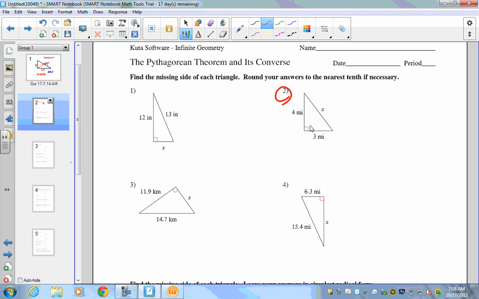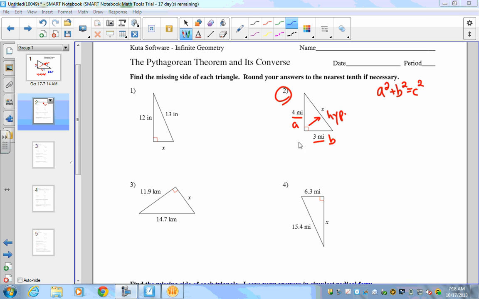Notice what we're looking for. Here's my right angle. There is my x, so that means I'm dealing with the hypotenuse, okay? Now, using the a squared plus b squared equals c squared formula, notice I have a 4 and a 3. These are both my legs, so this could be a or b, or it could be b or a. These are pretty open-ended on how you can set it up.